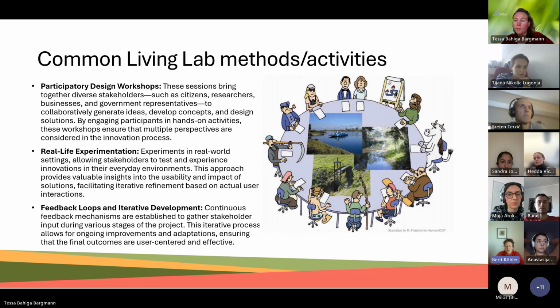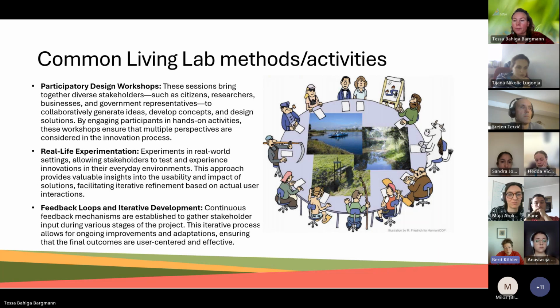So such sessions could bring together all the diverse stakeholders from the quadruple helix sectors, so citizens, researchers, businesses, and also government representatives, to collaboratively generate ideas, to develop concepts, and to design solutions. That would be possible to do, right?